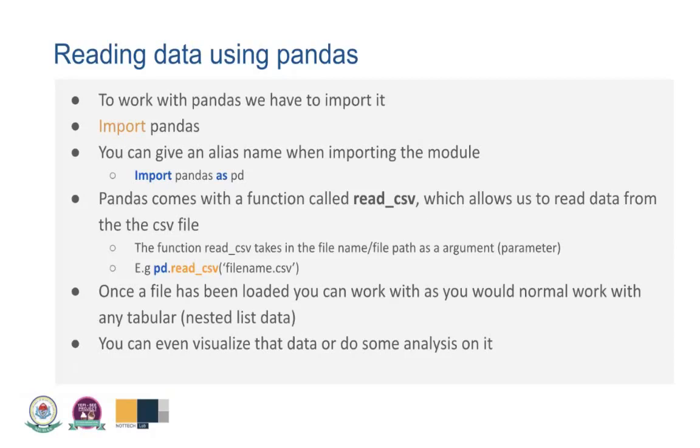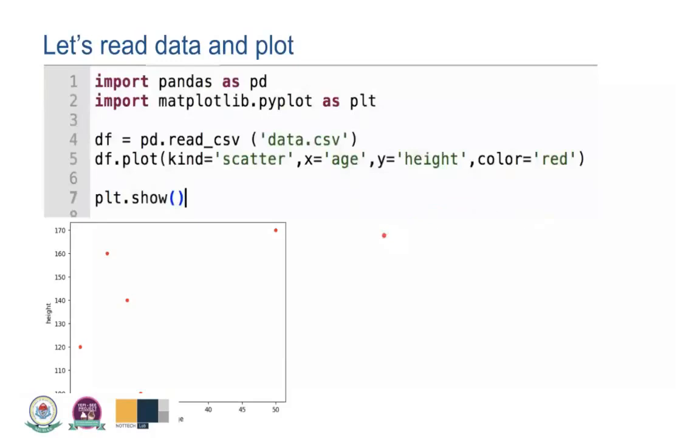So it will convert that data into lists that we can really play around with as we would normally do. But of course, you can even visualize or do some analysis of that data. So we have an example here, and then I'll go and talk about the data and show you a bit more with the data that we have already here. So this is a very simple and straightforward example of what could be.